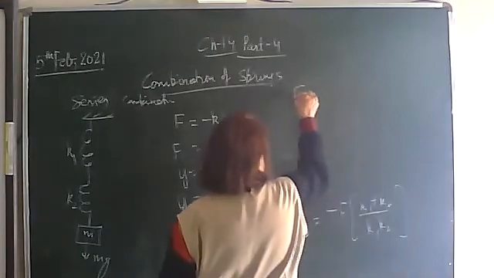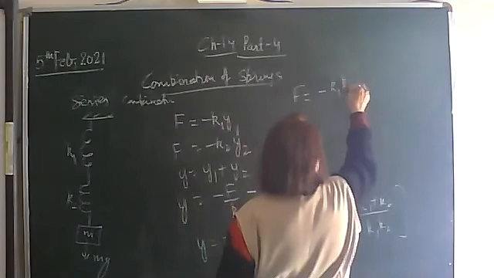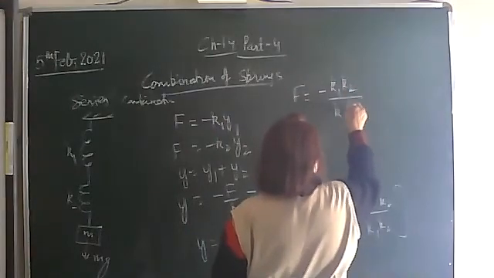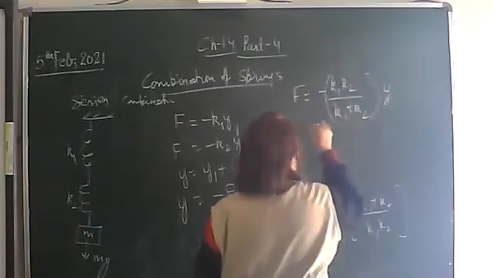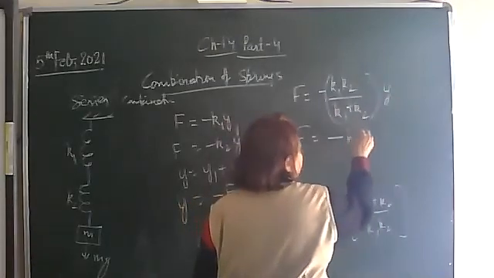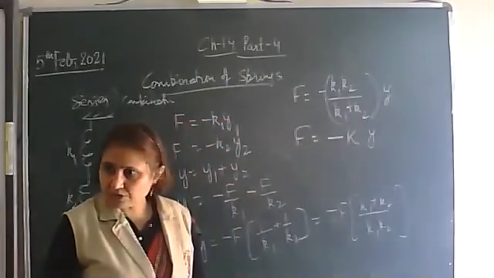So F is equal to minus k1 into k2 upon k1 plus k2 into y. If it was a single spring, we could have written minus K y. K is the equivalent spring constant in series.